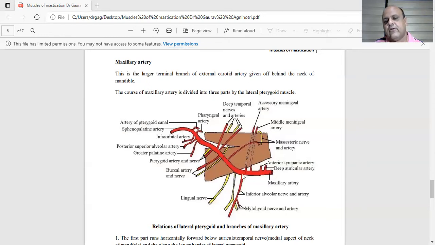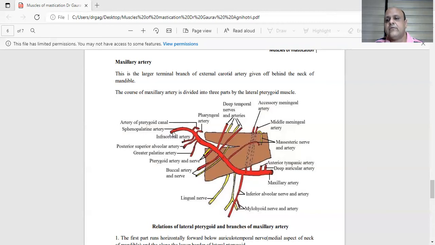I repeat, the first part of the maxillary artery gives 5 branches, and this lies below the lower border of lateral pterygoid muscle. The second part of the maxillary artery gives muscular branches. The third part gives 2 branches, posterior superior alveolar and infraorbital artery, and then it enters the pterygomaxillary fissure, and then it gives the pharyngeal branch, artery of pterygoid canal, greater palatine artery, and the terminal branch is the sphenopalatine artery, which is the artery of epistaxis.